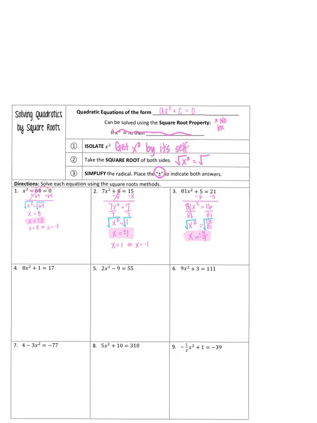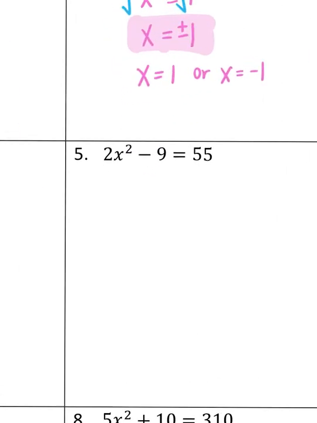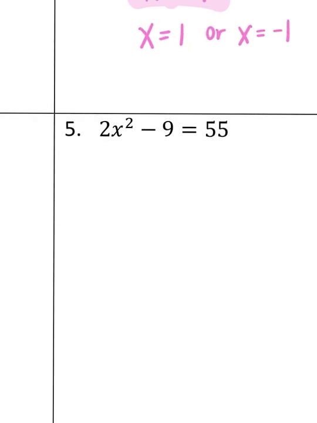Let's try one more. Sometimes we might have to simplify. Let's look at number 5. I'm going to add 9 to both sides, and I get 2x squared equals 64.